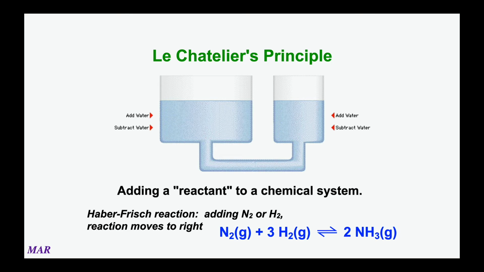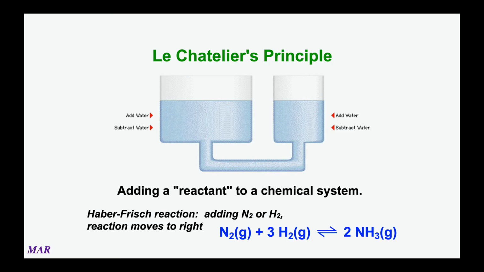So adding a reactant makes more product. The reaction's trying to get away from what you've added by making more products. It's trying to use up the excess reactant. So if you add a reactant, the system will shift to the product side. It'll be a shift to the right, and this happens all the time.